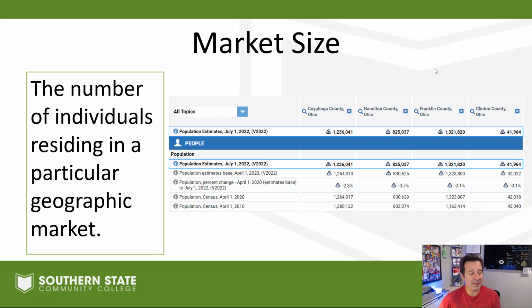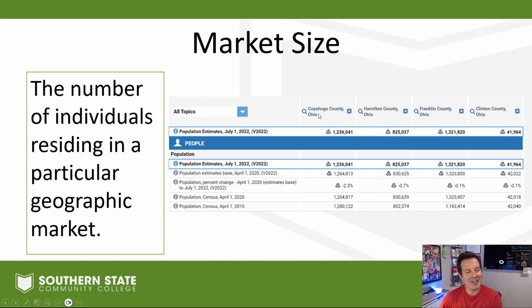You can find different geographic information as far as market size and market density on state websites, government websites as well. But we're looking at U.S. Census data here, and I've got Cuyahoga County, Hamilton County, Franklin County, Cleveland, Cincinnati, Columbus, and then I've got little old Clinton County, Wilmington, Ohio here.